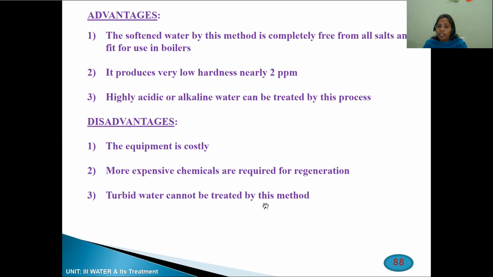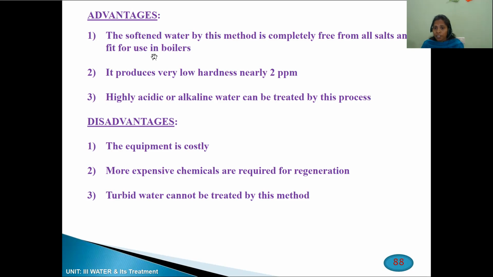Now let us see what are the advantages and the disadvantages of deionization process or the ion exchange method. The softened water by this method is completely free from all salts and fit for use in boilers. I explained in the previous class that if we are using the salt water in the boilers, we are getting many troubles, especially in the steam generation industry.